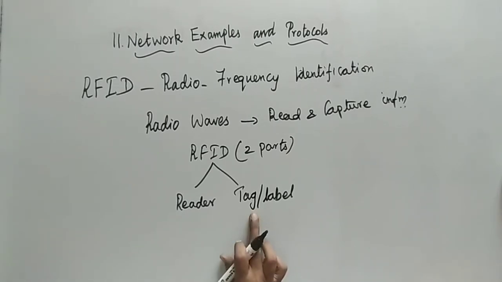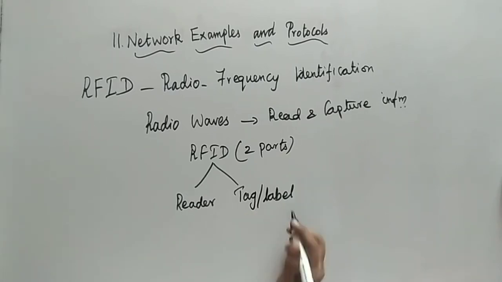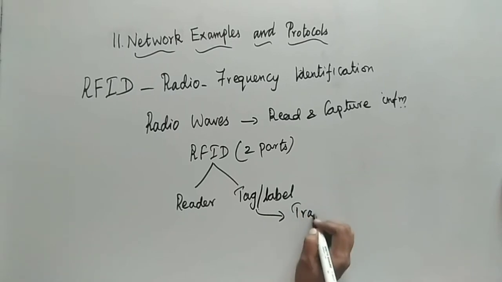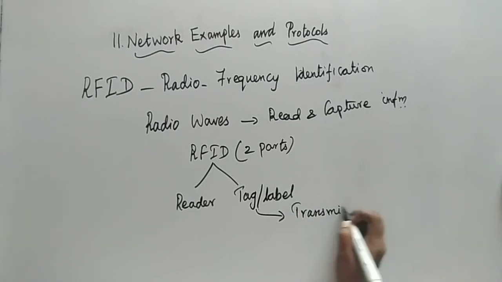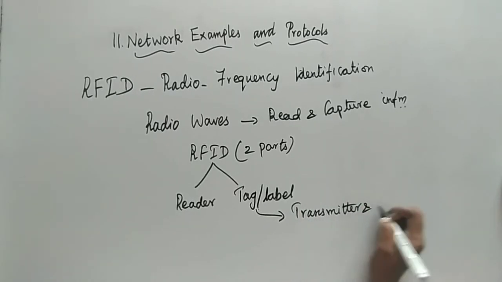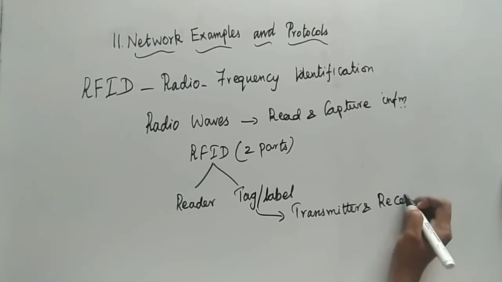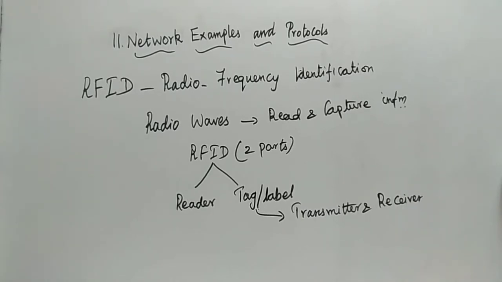The tag has a transmitter and receiver. Why do you need a transmitter? Yes, to transmit the information, and the receiver to receive the signals. Now we can see what components are available in this tag.